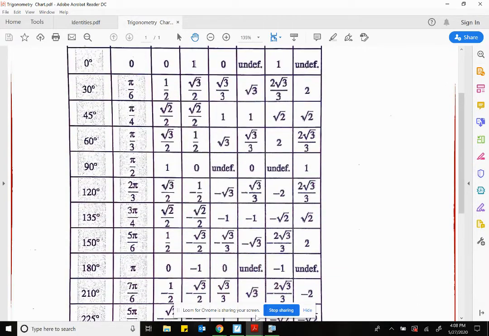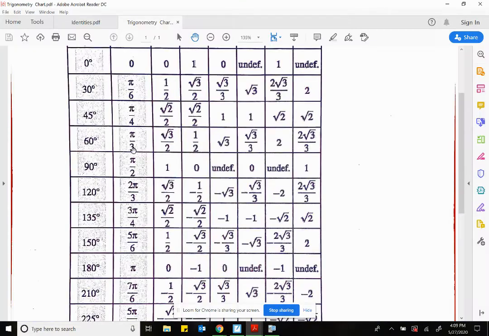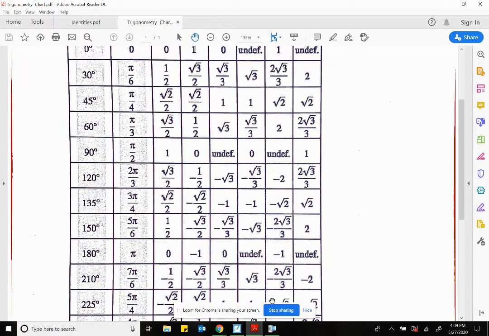But I can tell you that for this 7 pi over 12, there are two angles on here that we can add, or two angles on here that we can subtract to get to 7 pi over 12. Okay? So it's your job to figure out, what two angles can I use to add together to get to 7 pi over 12? Or in other words, what two fractions can I add that will give me 7/12?